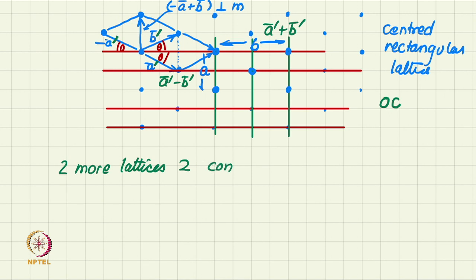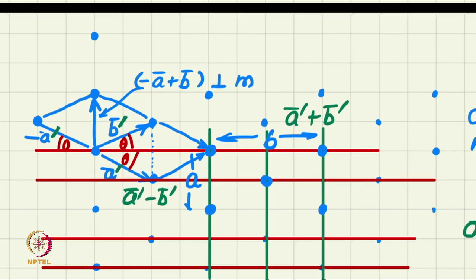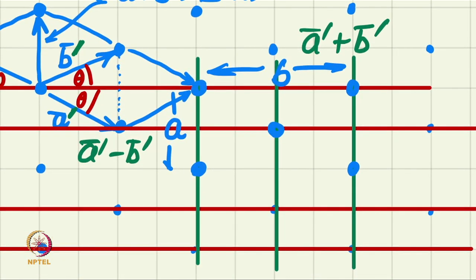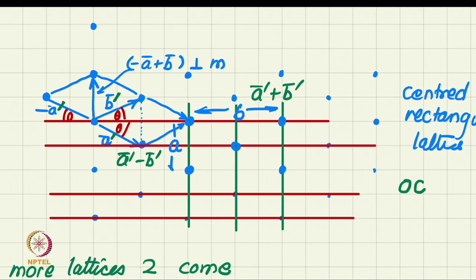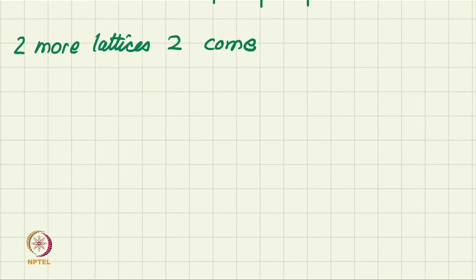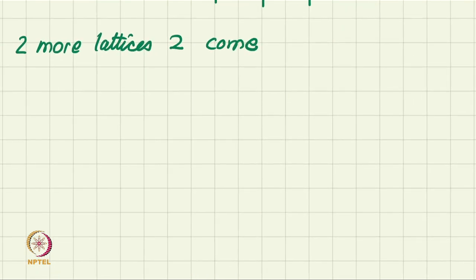Yeah, the second lattice should have more symmetry than the third. Yeah, it is having. So, we have not looked at it carefully. Okay, let me draw that. So, just the unit cell for quickness and simplicity.